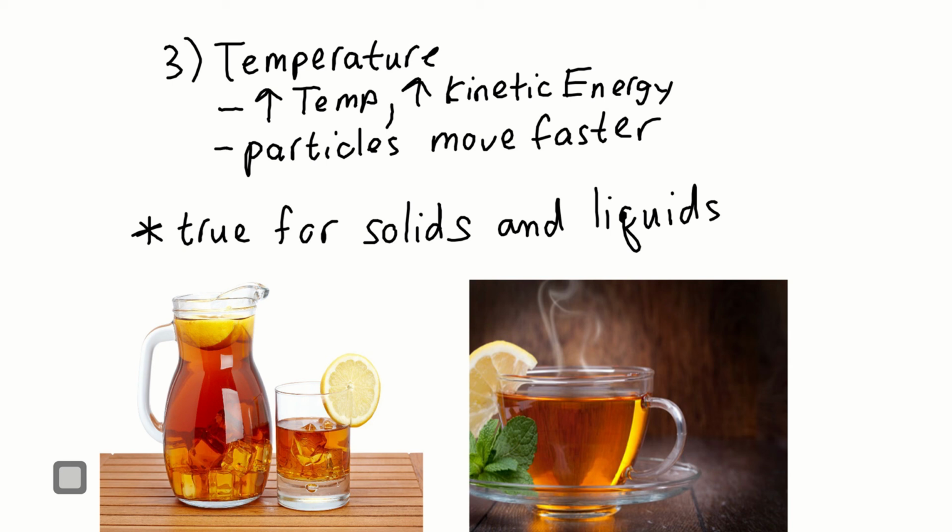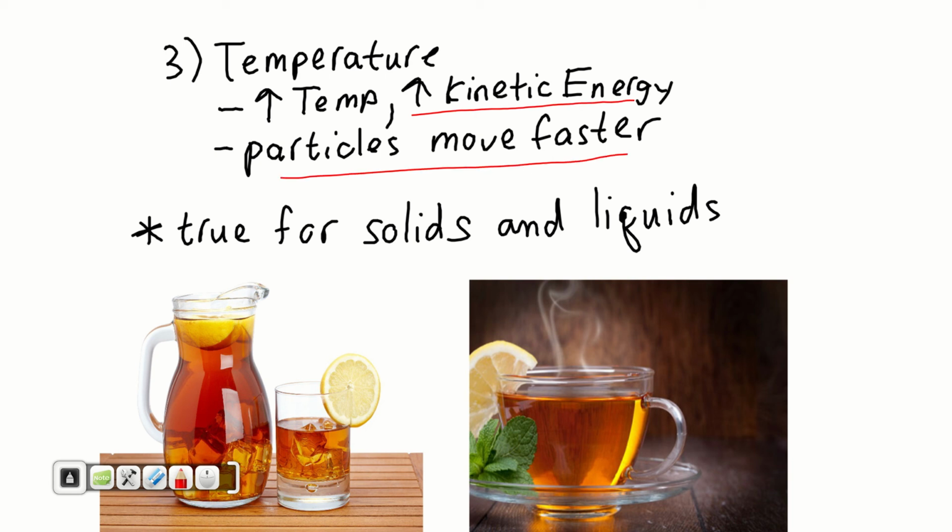If you increase the temperature, we already know that means you're going to increase the kinetic energy, which means the particles move faster. And what that means is those particles, the water, the solvent, and the solute, are able to get surrounded faster. The solvent is able to surround the solute faster. This is true for basically all solids and liquids.